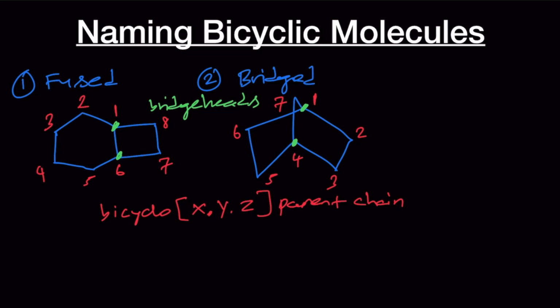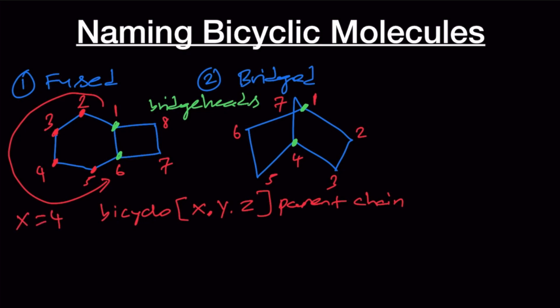So basically, X is how many carbon atoms or heteroatoms you meet on the longest pathway. So 1, 2, 3, 4. Here the value of X is 4.